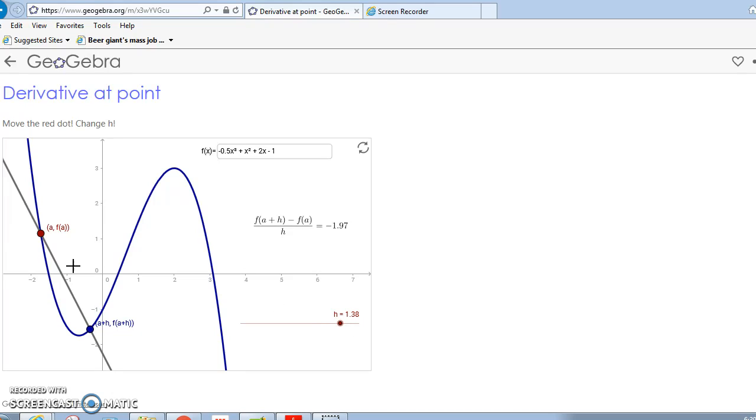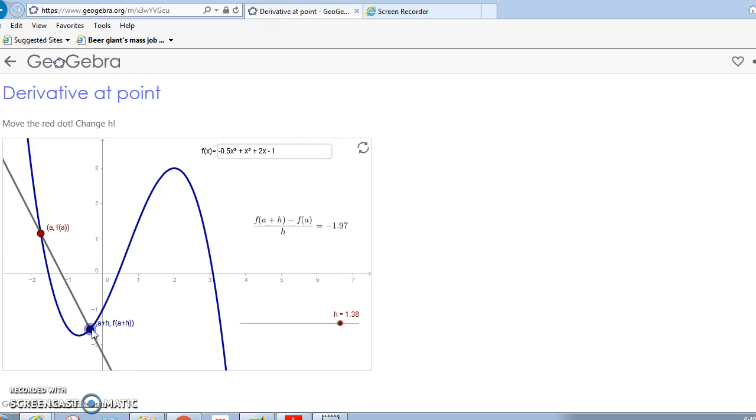Here's the exact function: negative 1/2 x cubed plus x squared plus 2x minus 1. H in this particular case is 1.3, actually 1.38.